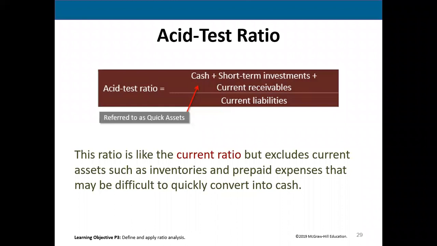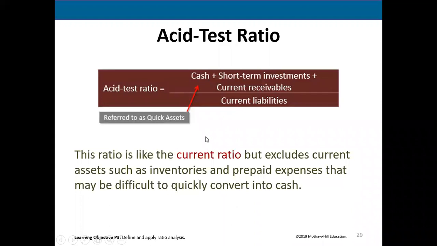So cash, short-term investments, and current receivables. Those are the only current assets we'll keep in our numerator. Add those up and divide them by current liabilities. So we're taking out non-liquid current assets. They're available to use in the coming year, but they're not converted to cash as quickly as these are.